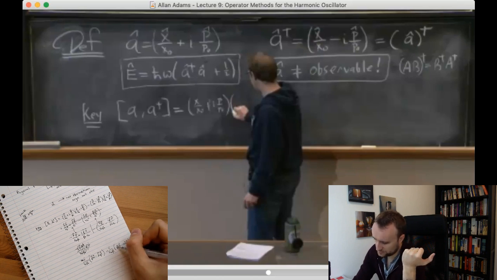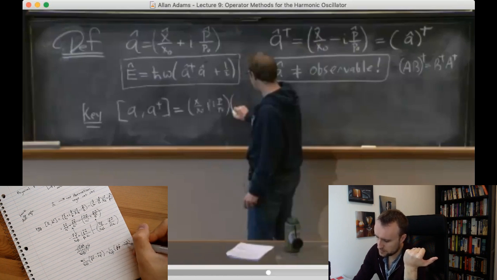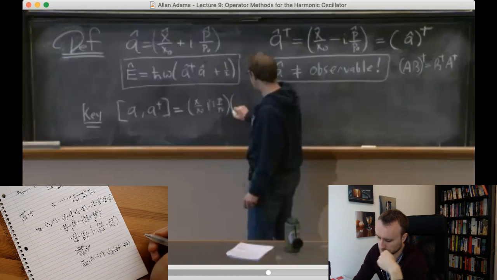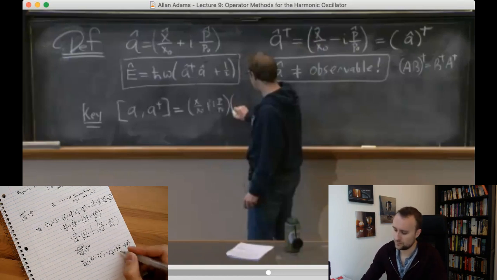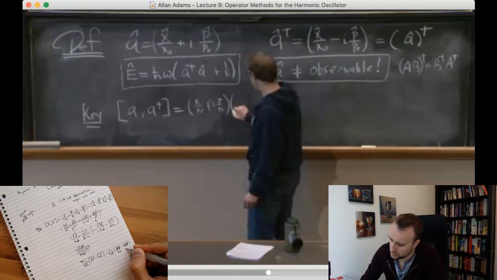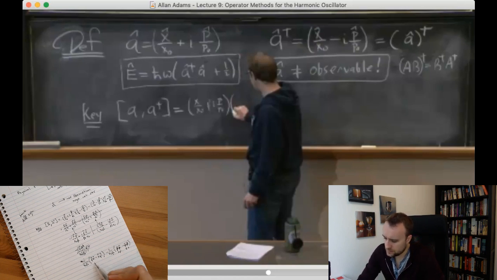Yeah, xp. All right, so this is xp over px. All right, and then what are these? This is the commutator of x and p. And this is the commutator of, oh, so this is the commutator of p and x. Wow, I need to get a pencil. And this is the commutator of x and p.